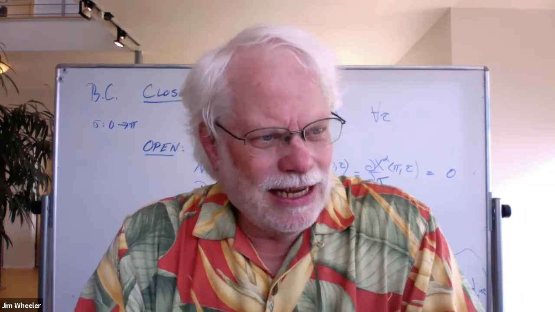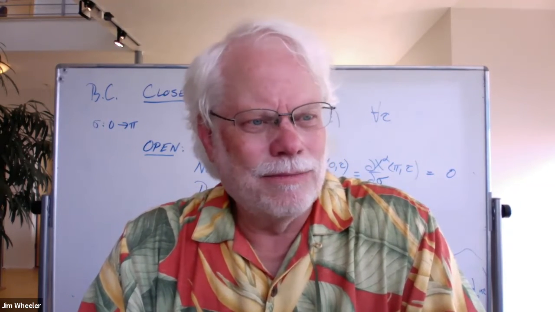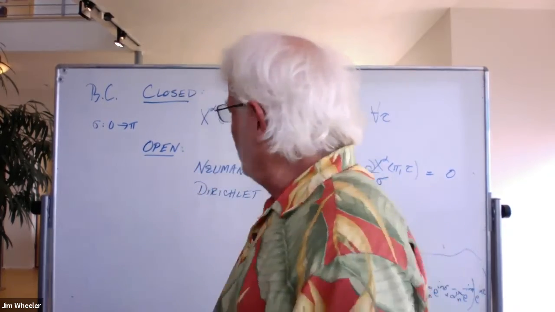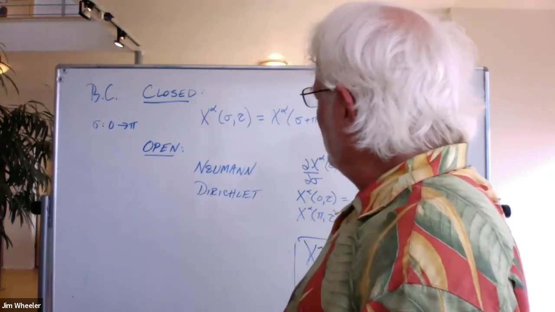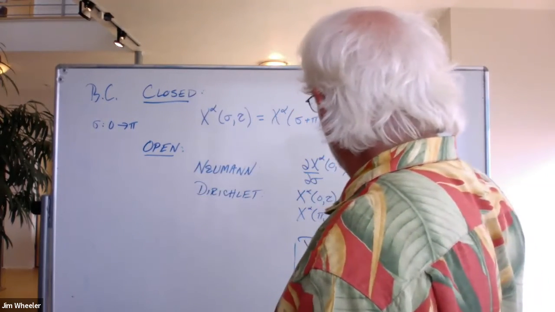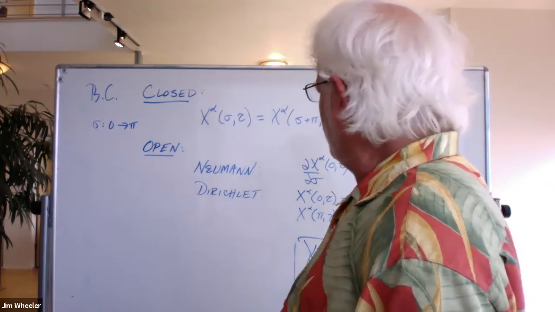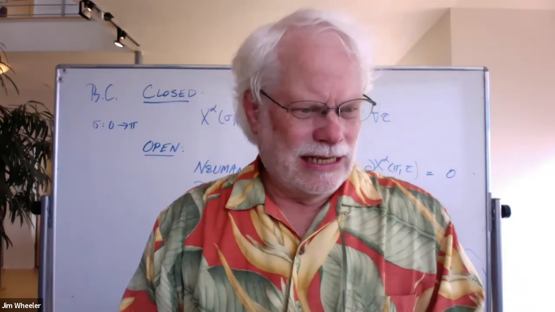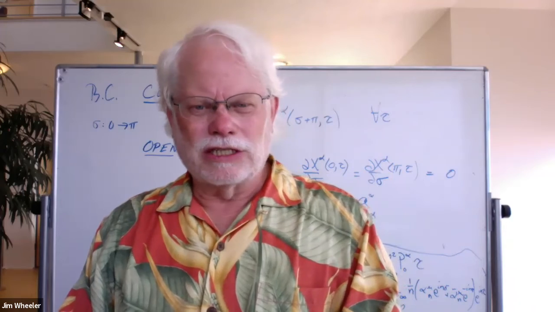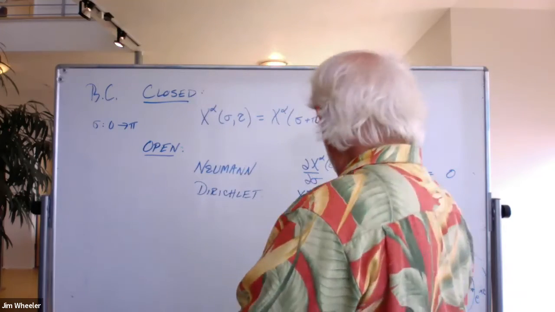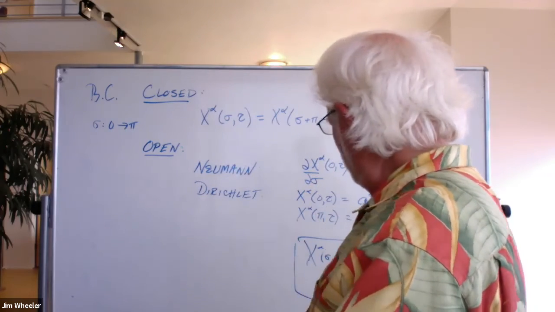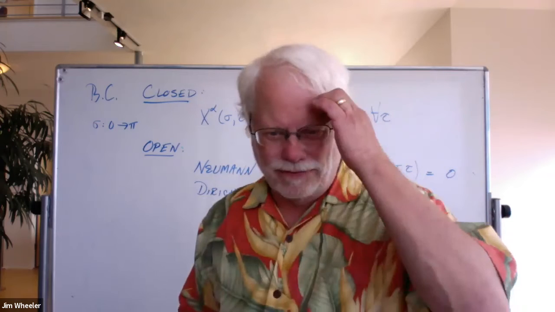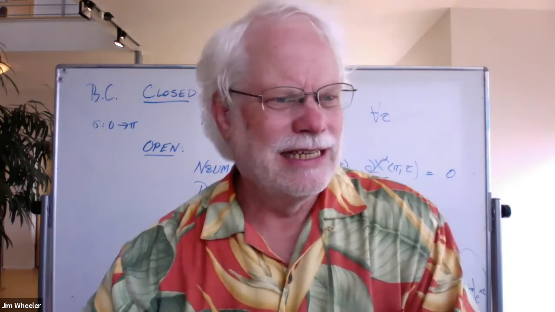So anyway, don't know about that, but we can straightforwardly look at closed strings or open strings with either Neumann or Dirichlet boundary conditions. And those are straightforward constraints on basically the range of the parameters and the relationships of the various expansion coefficients.